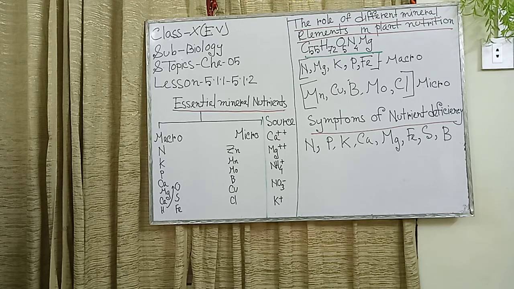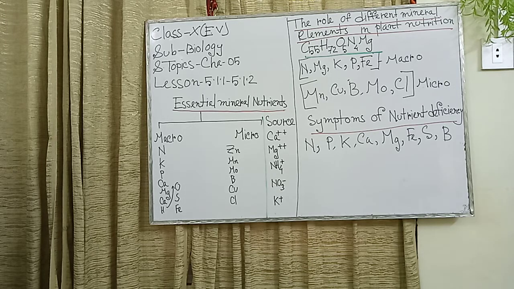Plants use 10 macronutrients or macro elements. They are nitrogen, potassium, phosphorus, calcium, magnesium, carbon, hydrogen, oxygen, sulfur and iron. Another is micronutrients or micro elements.